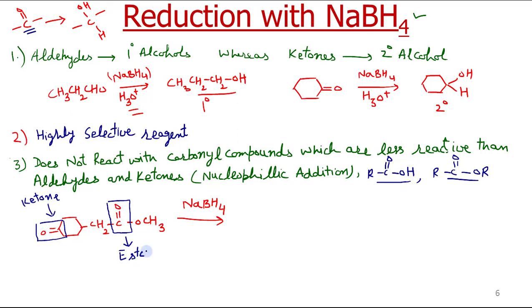As I said, sodium borohydride is selective and it will not reduce all the carbonyl groups. It will reduce only those carbonyl groups which are reactive. The carbonyl groups which are less reactive, as present in esters, will not be reduced. So the product of this reaction: the carbonyl of the ketone side will be reduced to OH, H, but the carbonyl of the ester will not be reduced.